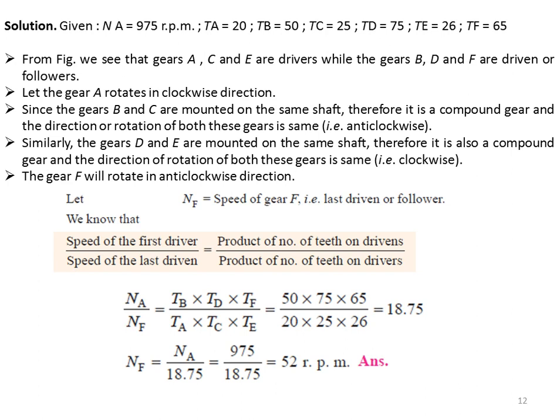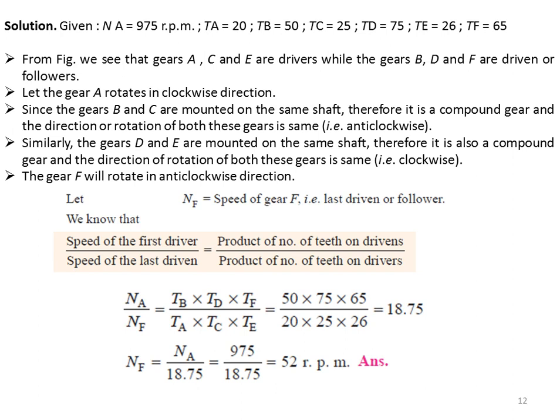So NA by NF will be TB into TD into TF divided by TA into TC into TE. If you solve it, you get the ratio NA by NF as 18.75, and NF will be equal to NA by 18.75.